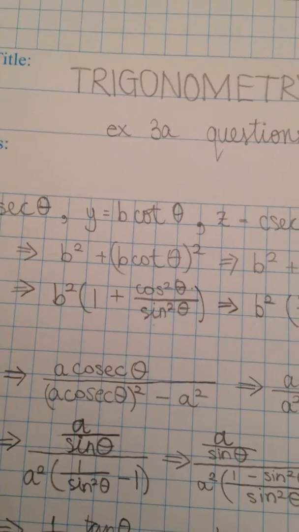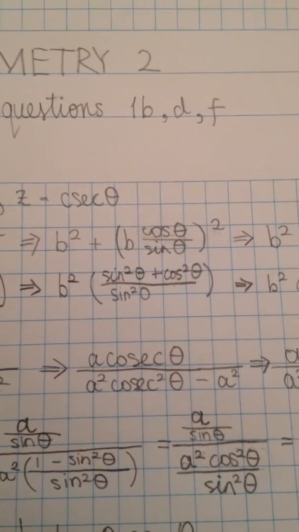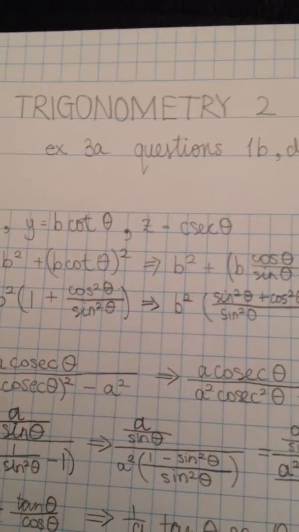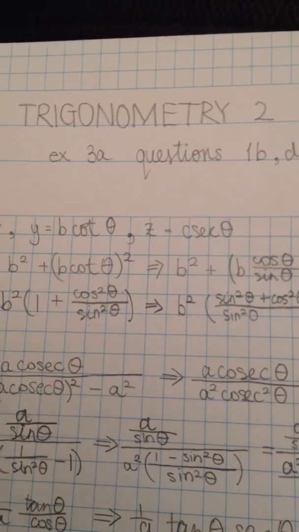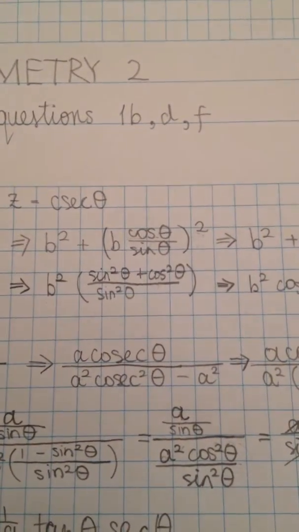And this one I wanted to add the 1, so I had to add a denominator, and I did that right here by changing the 1 to sine squared theta over sine squared theta, and that came out like this.